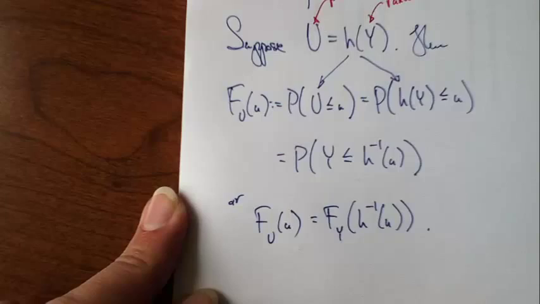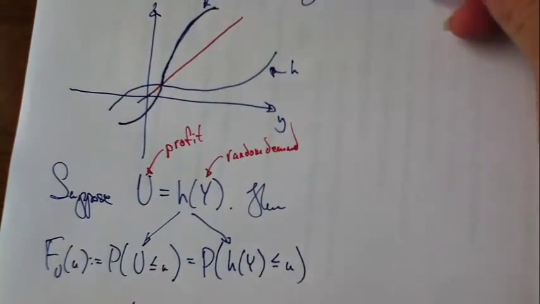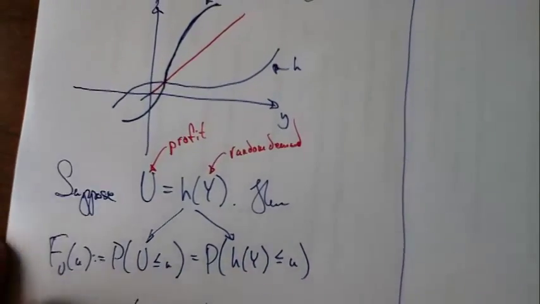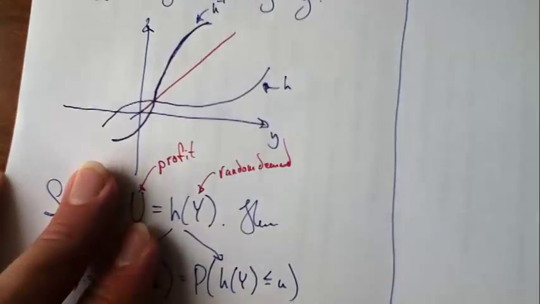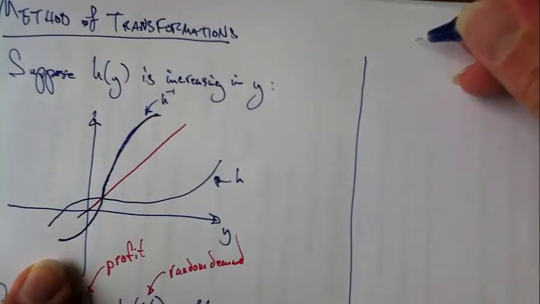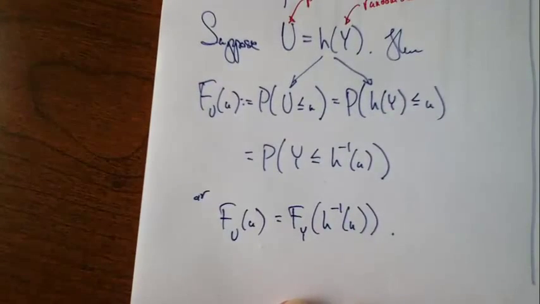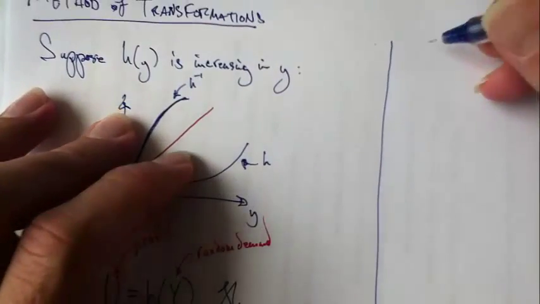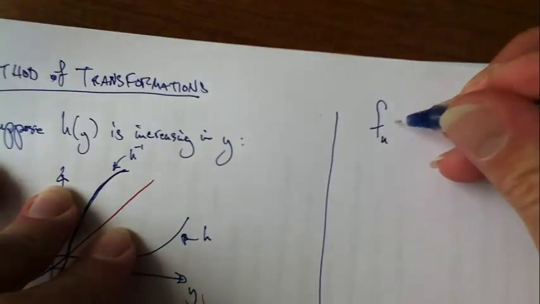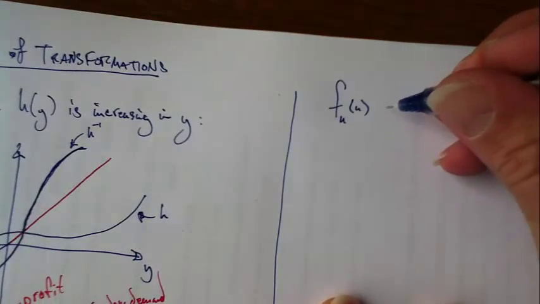Now, we're doing this in general, not for one specific problem. Let's see if I can now use this expression to write down an expression for the probability density function for u. That guy is going to look like this: f sub u of u, the probability density function for u.